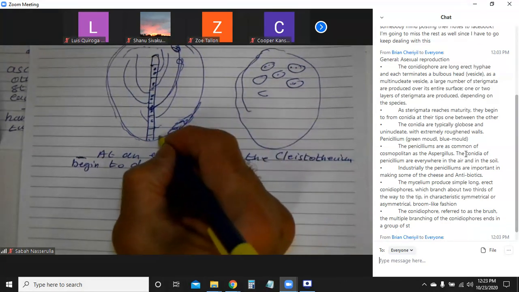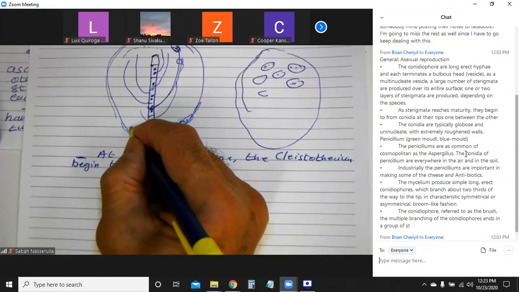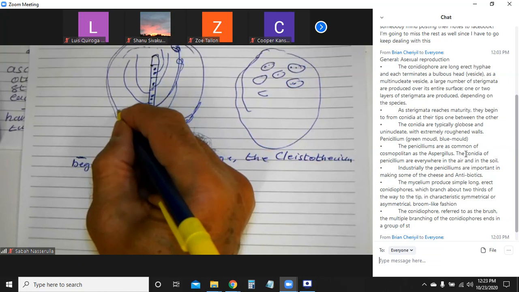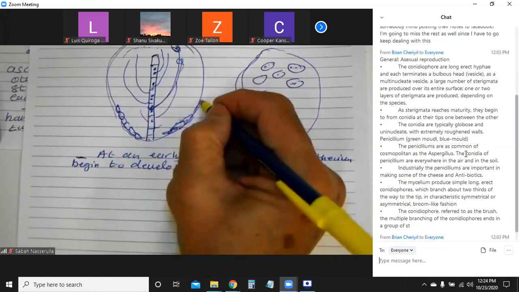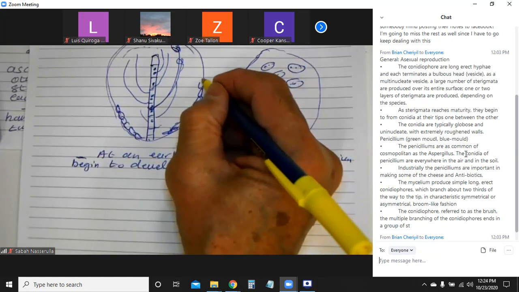That means the cleistothecium has one layer of cells, which is not the case in some other species where we call it stroma.